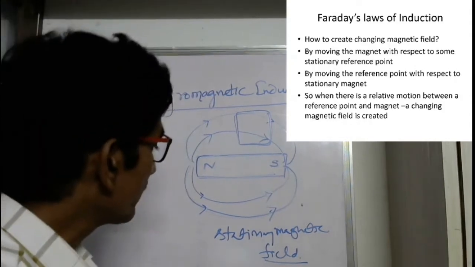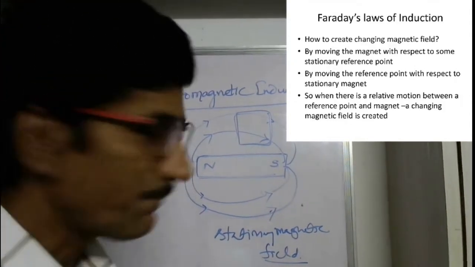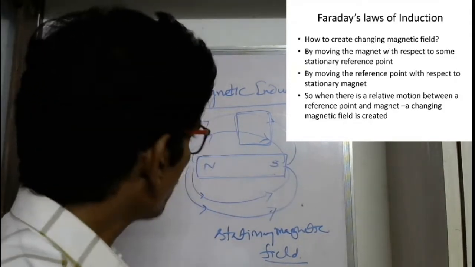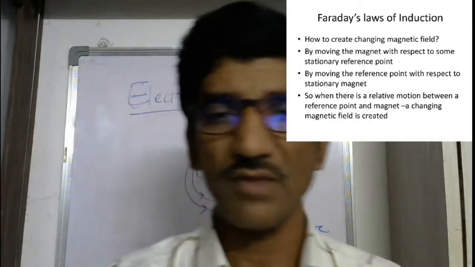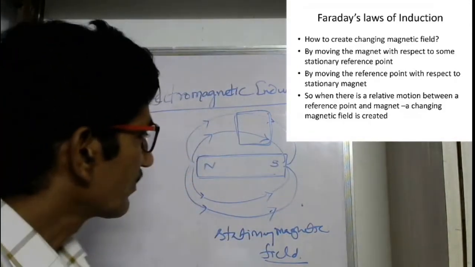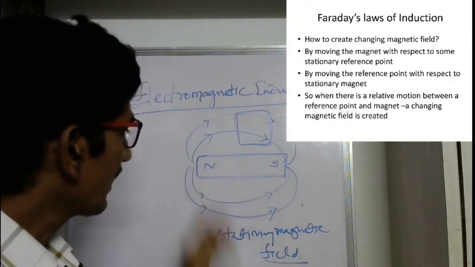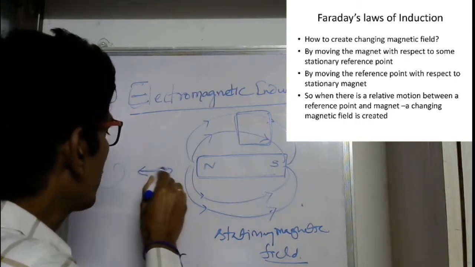So how to create the variable magnetic field? Just by displacing the permanent bar magnet. This is one way. Now you see your magnet is moving. You are moving your magnet like this.